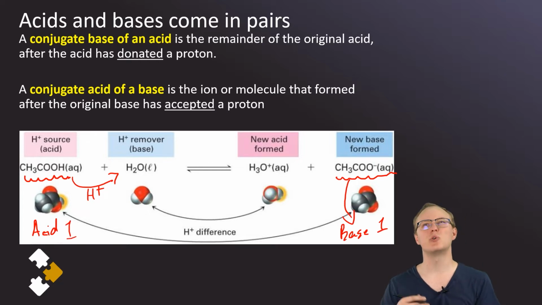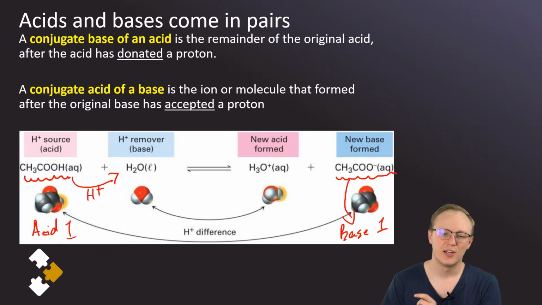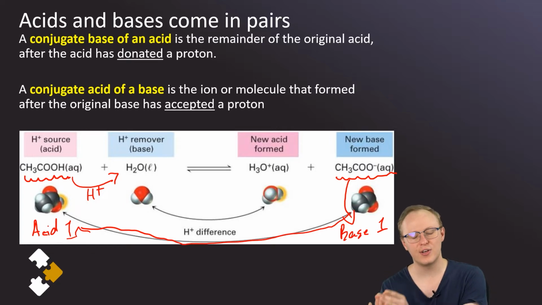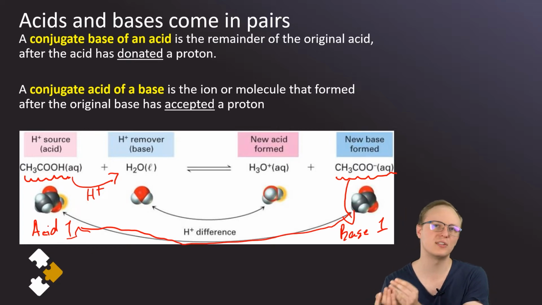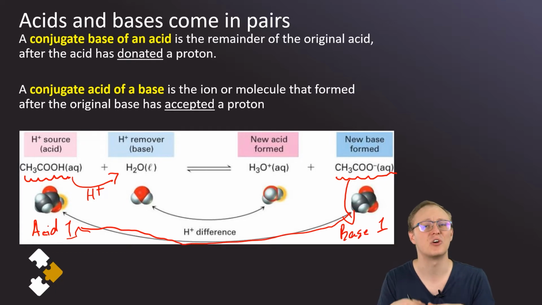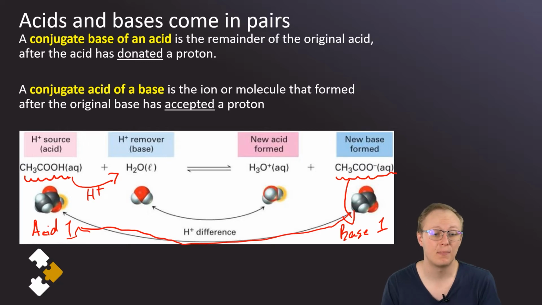And the reason we would call it the conjugate base is, if you go in the other direction again, to take the ethanoate ion and turn it into ethanoic acid, the ethanoate ion actually has to receive or accept a proton, which means that it would be acting as a base.